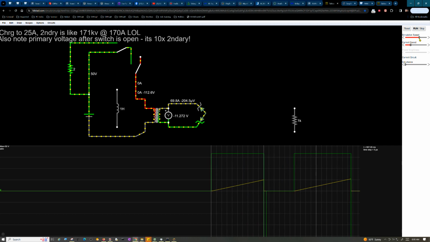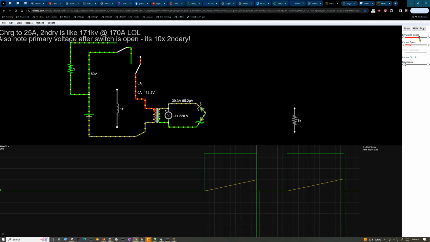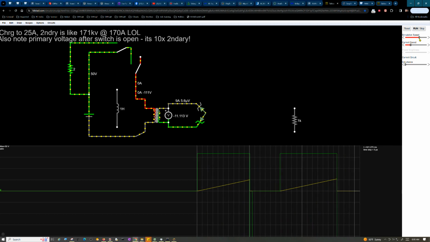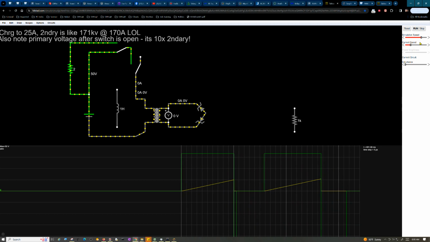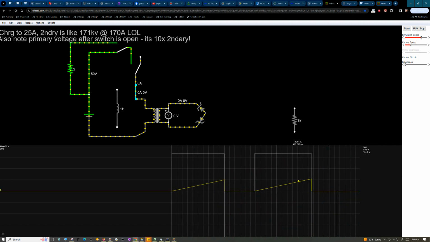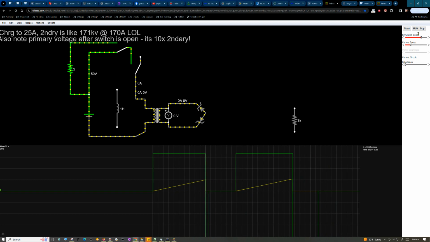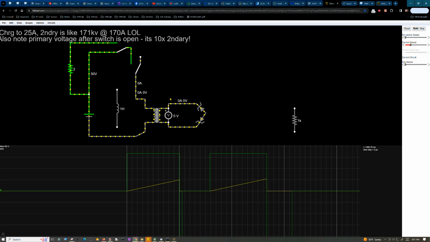But again, it's a constant voltage discharge, so you can see the current's falling and falling and falling, so it should be linear. But I'm not graphing, you've got to understand, you're not seeing this current flow on the graph, because it's monitoring this.